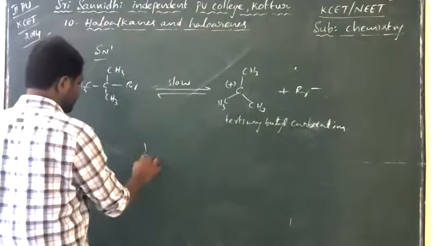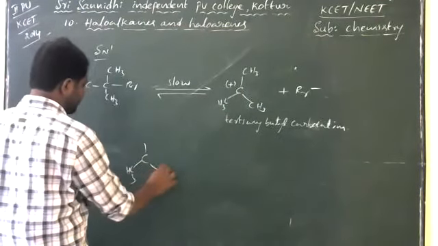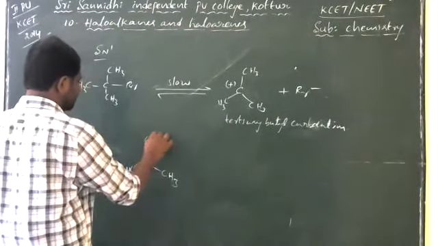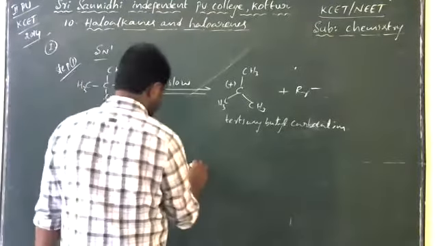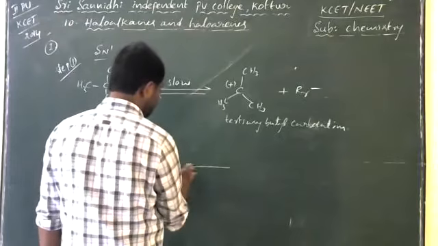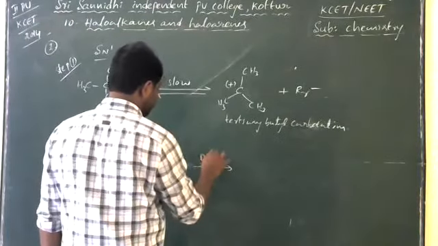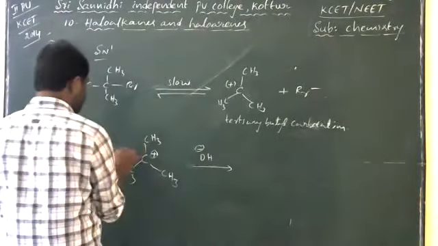For this tertiary butyl carbocation, in the second step, the nucleophile, OH minus, can attach from either side. Look, there are chances of attachment from this side and from that side, both sides.